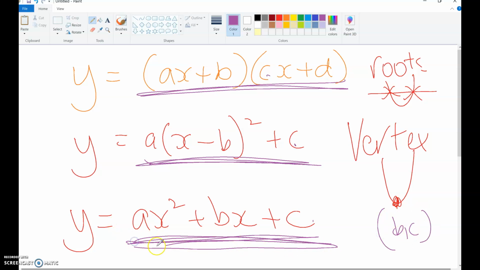This form, not so easy to see, but we can see the y-intercept very easily and the shape. And then this form here, we can see either x equals negative b upon a or x equals negative d upon c. Those are the roots. Okay, so have a play. Good luck.